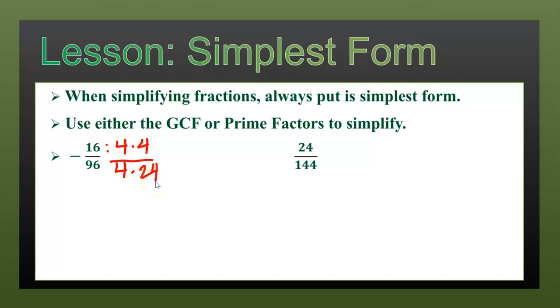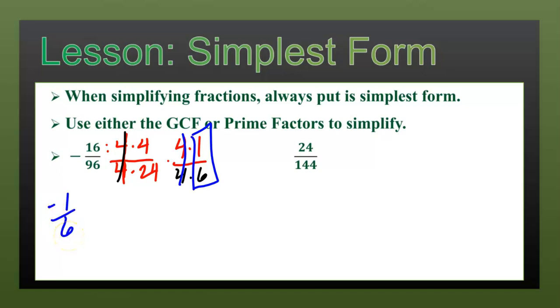Let me divide the 4s out. So now you're at 4 and 24, and this is 4 and 6. The 4s divide out, and you're left with an answer of 1/6. It would be a negative 1 out of 6.